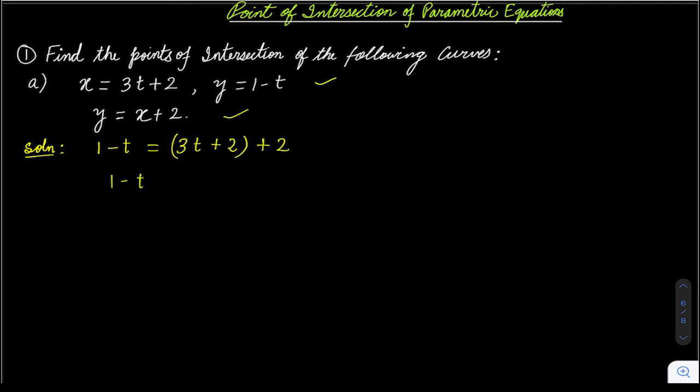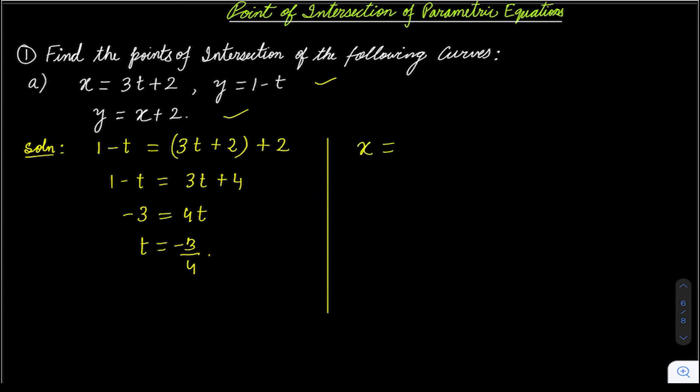So what I am getting is 1 minus t is equal to 3t plus 4, or 4t minus 3 equals 4t. So the t value is coming out to be minus 3 over 4. Once I have the t value, I will substitute it in the parametric equation to get my point of intersection.